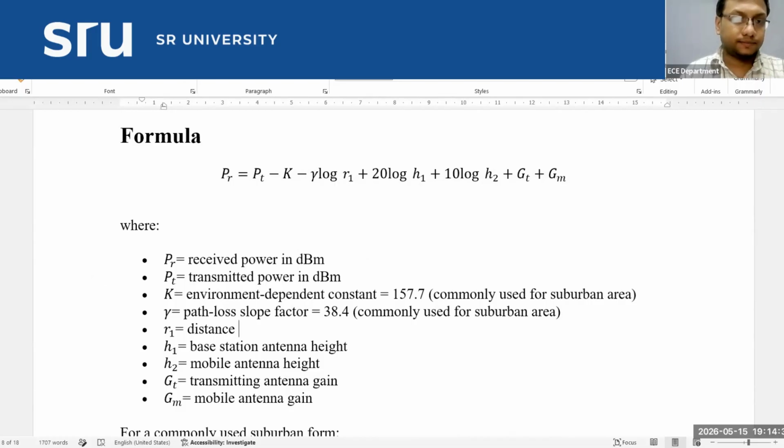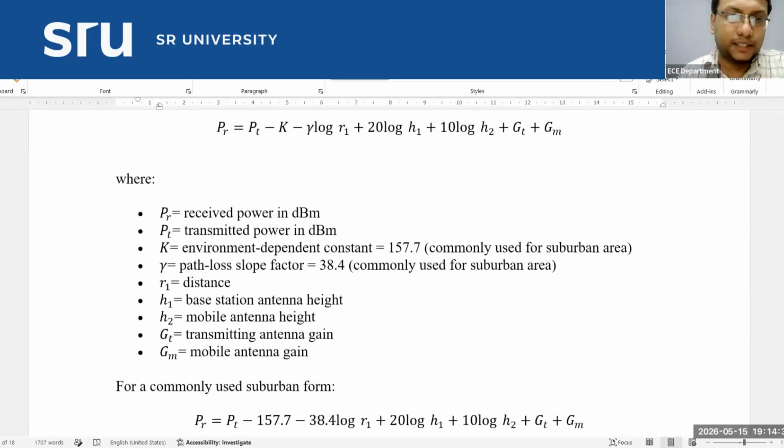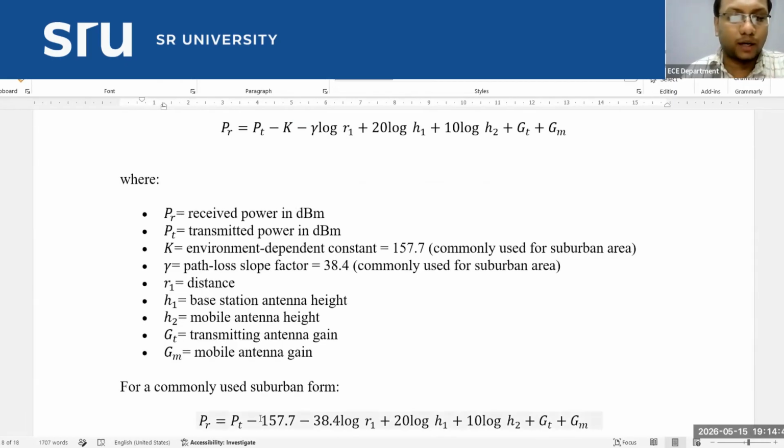Now, if I substitute the value of K, definitely in the equation it will come 157.7. And if I substitute gamma, it will come 38.4 here. The rest of the values will be given, and based on that, you need to calculate.